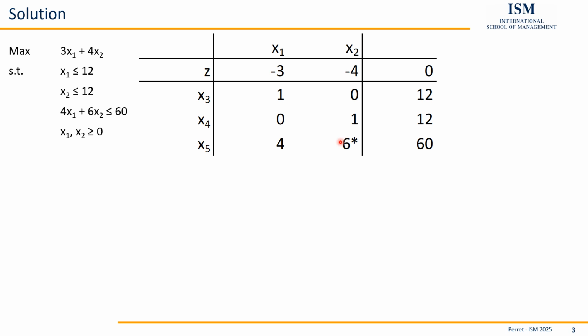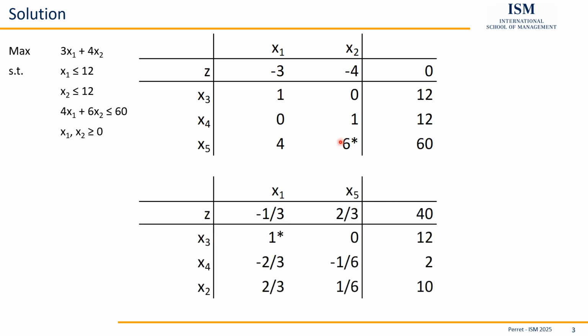Well, with this pivot element, I can now do my simplex recalculations. For this, I prepared the next table. The first step, I'm going to exchange the variables in the pivot column and row. So I exchange x2 and x5, looks like this.